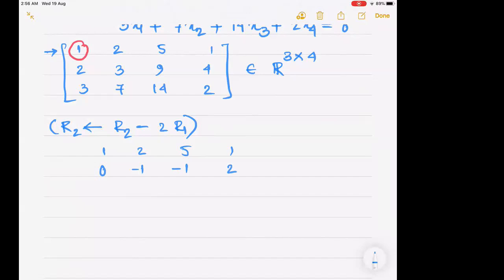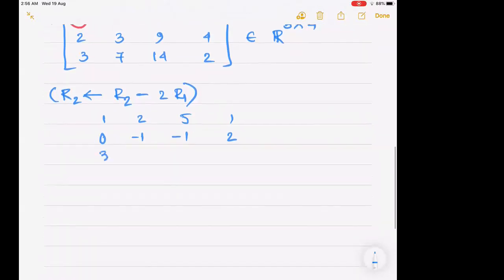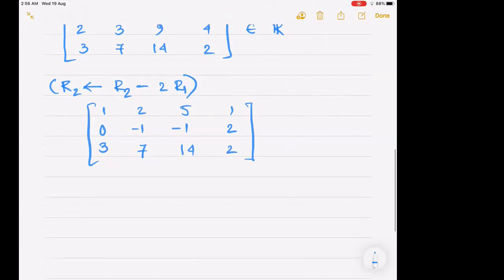I had 2, 3, 9, 4 minus 2, 4, 10, 2, so that is right. The third row is 3, 7, 14, and 2. This is after the first row operation.